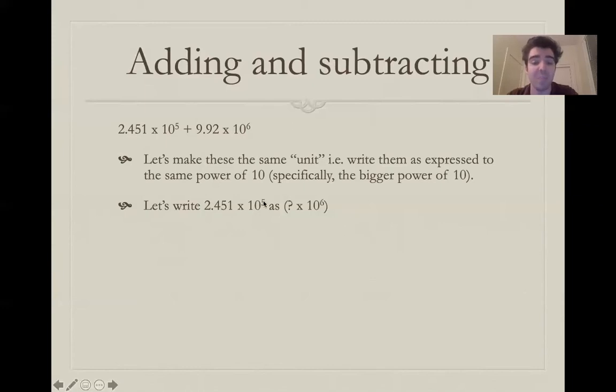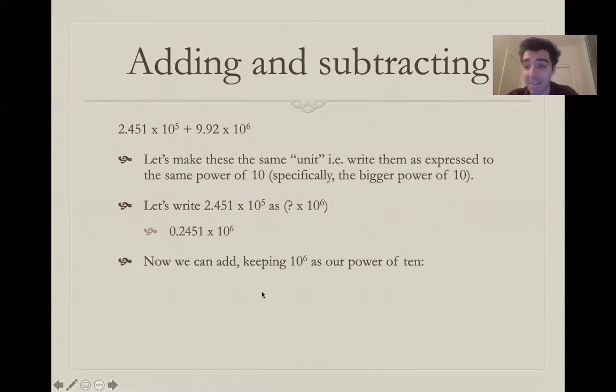If I move the exponent up 1, that means I'm going to move my decimal place 1 to the left. Okay? So this is my new way of writing this number. It's no longer in scientific notation, but that's okay. It is as it needs to be for us to combine it with the other number that is written as a power of 10 to the power of 6.